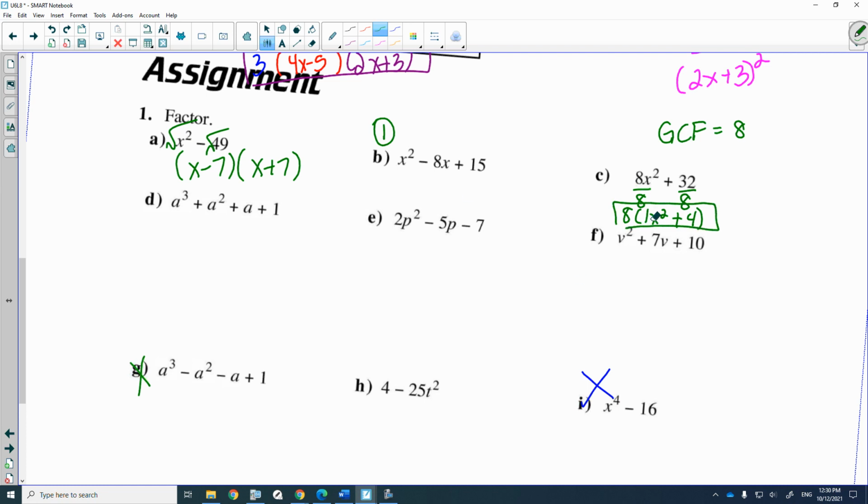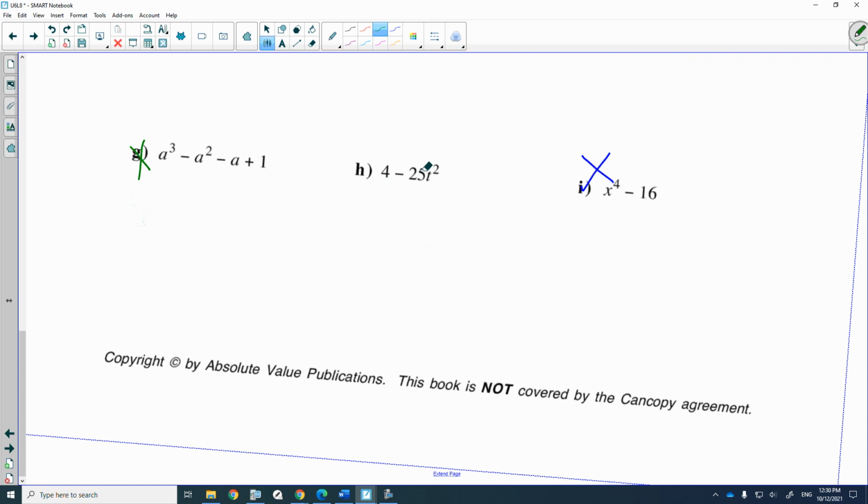Because I could square root the 1x squared and I could square root 4. But what excludes this from being a difference of squares? What's wrong with this? It has to be a minus here, right? That's why this guy is a difference of squares. Two terms separated by a minus. There's no GCF here. So H would be a difference of squares.